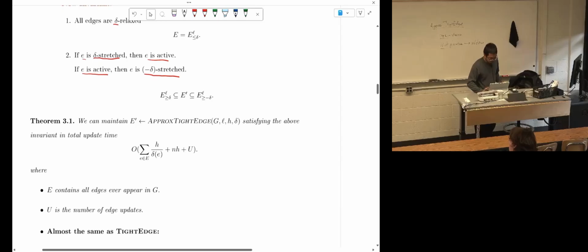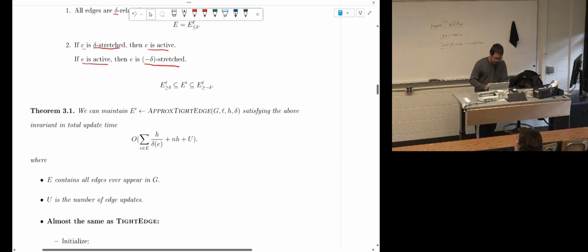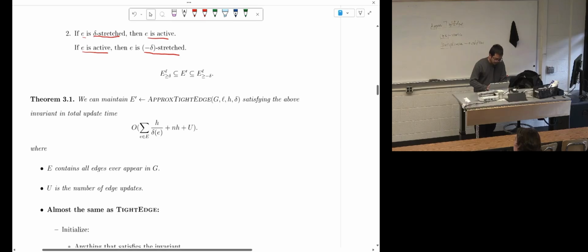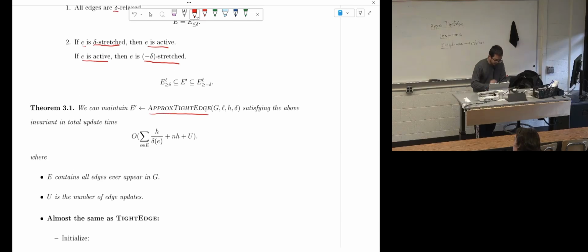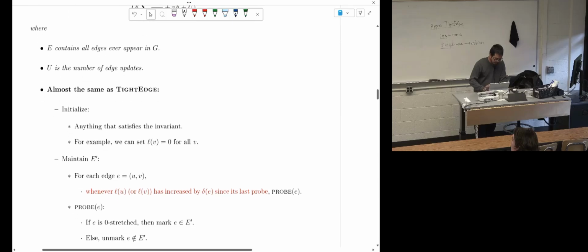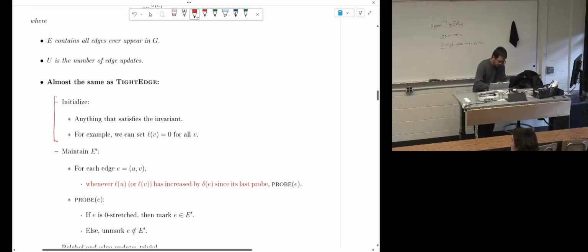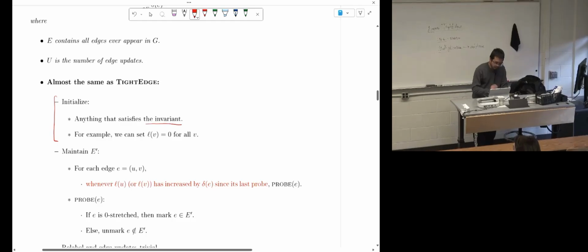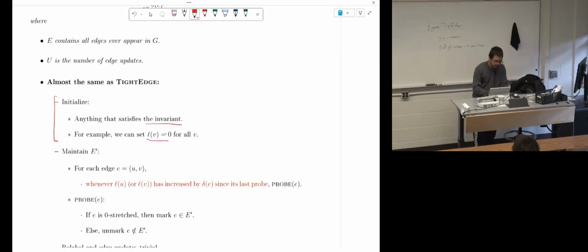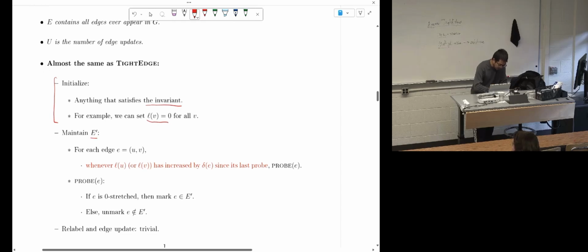And now the idea is, how do you maintain approx TightEdge? Well, first you initialize it with anything that satisfies the invariant, for example, set everything to be 0. But how do you maintain the TightEdge set?